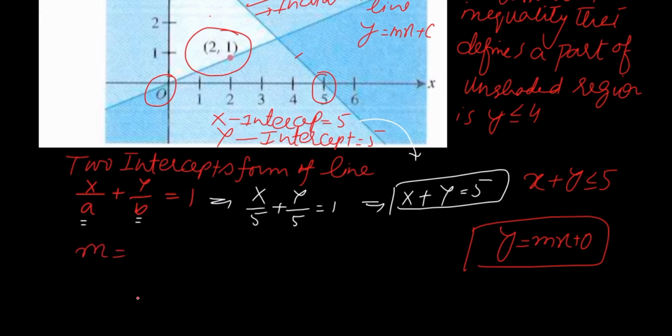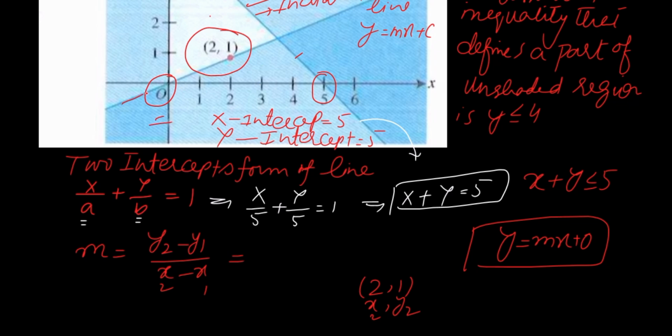Firstly, we find the gradient or slope. You know the formula is y2 minus y1 over x2 minus x1. You can suppose this point (2, 1) is x2, y2, and the second point is the origin, from where the line passes.